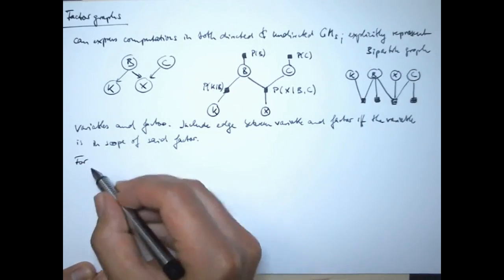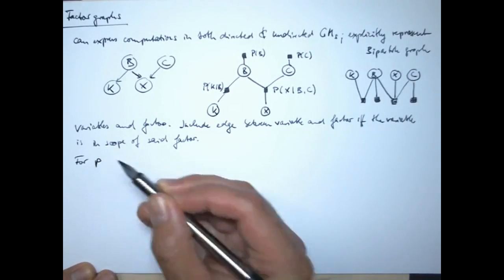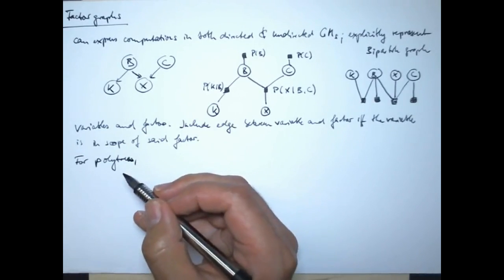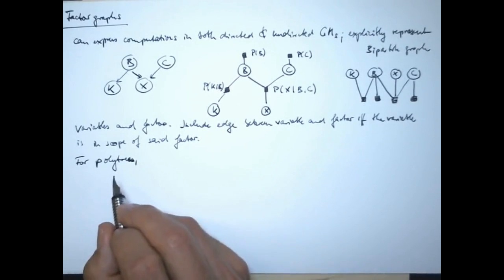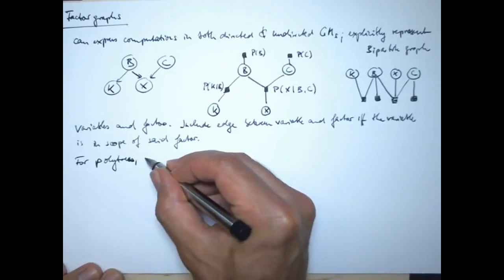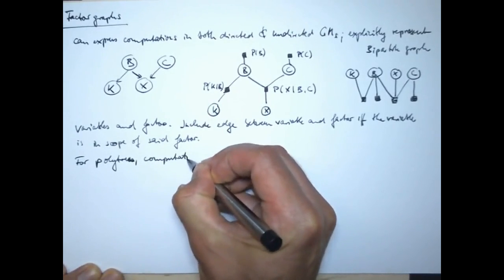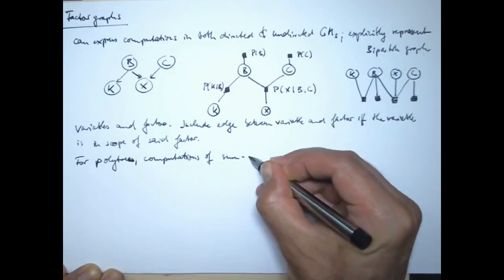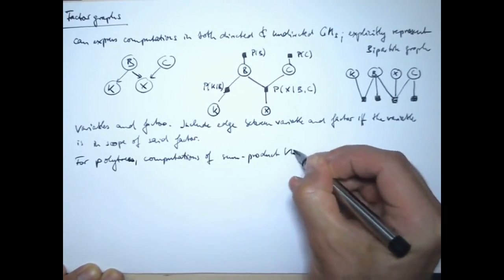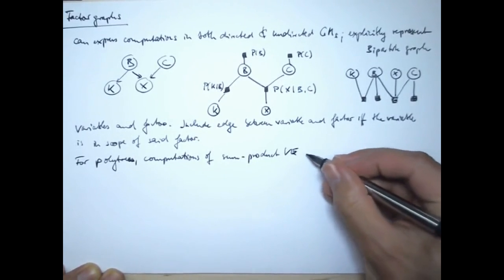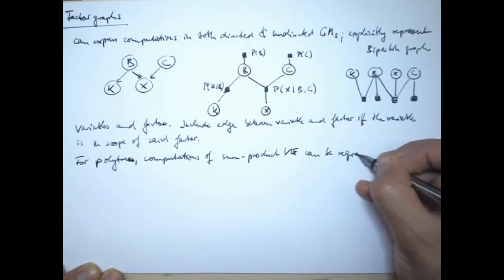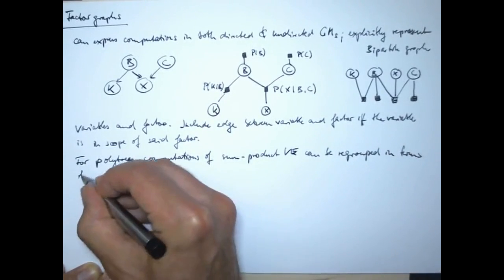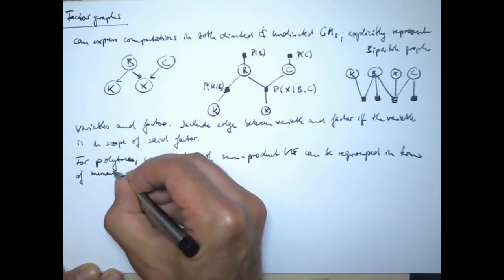Now we were talking about messages before, and they exist on these graphs also. Generally speaking, for all polytrees, the computations of some product variable elimination can be regrouped in terms of messages on this new type of graph.